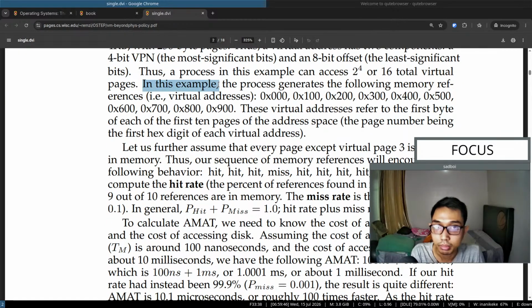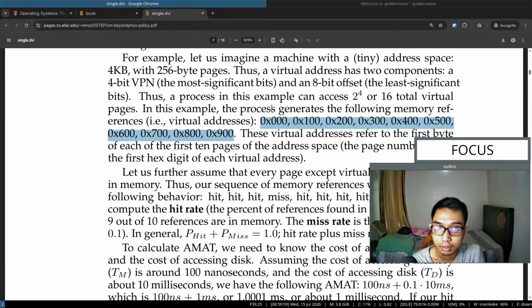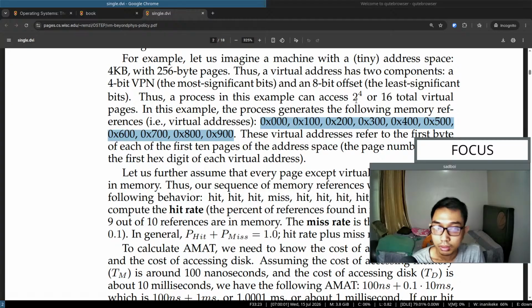In this example, the process generates the following memory references, that is virtual addresses. So we have 10 virtual addresses in this case.